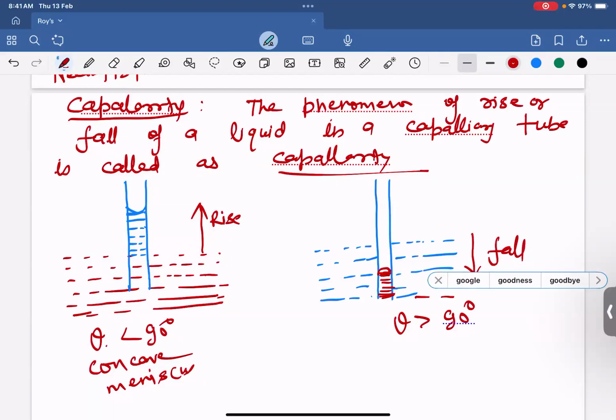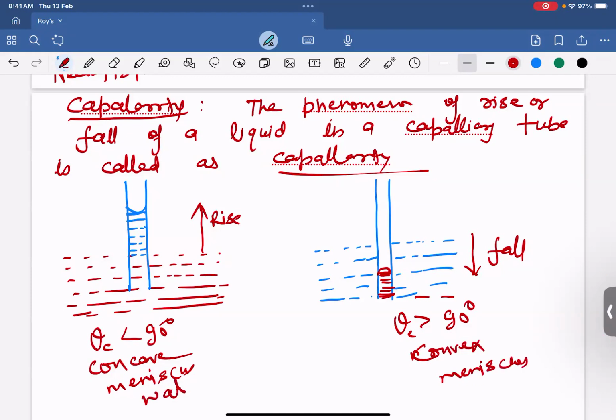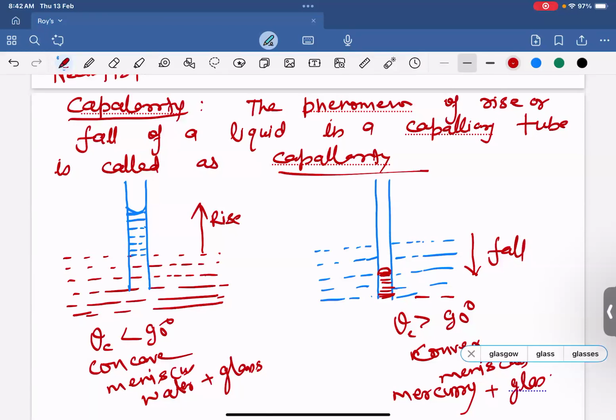This is called angle of contact. And this should be convex meniscus. It happens whenever water is kept in glass, and this happens when mercury is kept in glass.